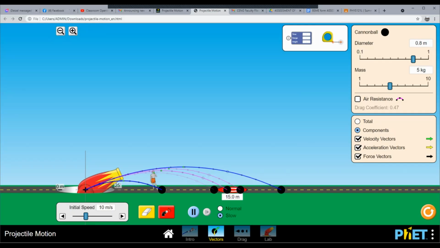Nag-decrease din po yung distance. Okay, so nabawasan din yung distance natin. So again, meron tayong target. The target is at 15 meters. So what would most probably be the initial speed that should be used?